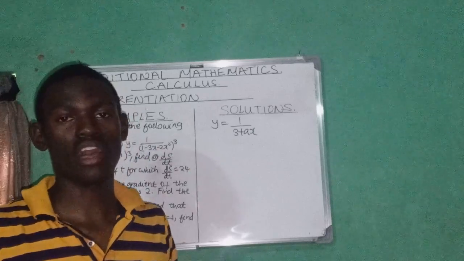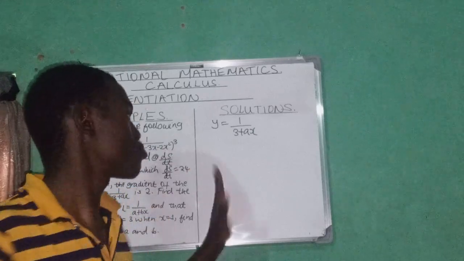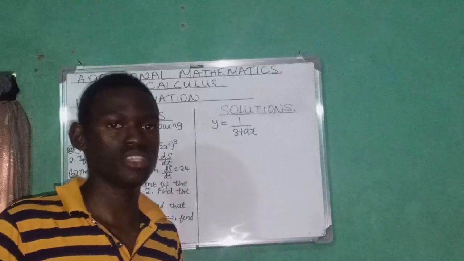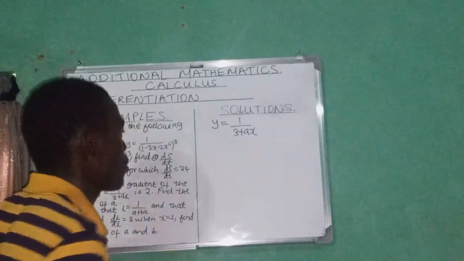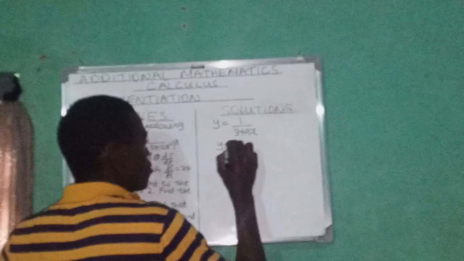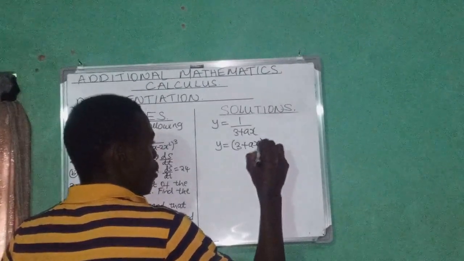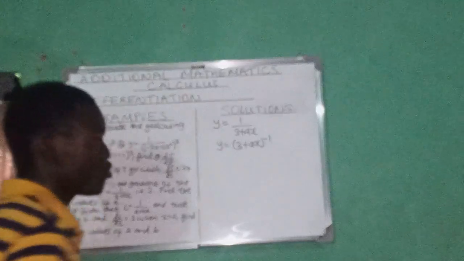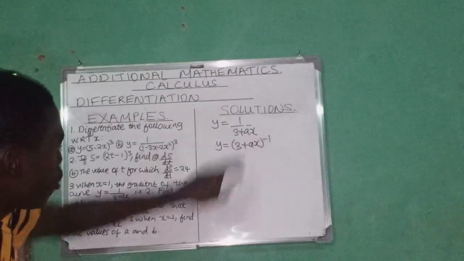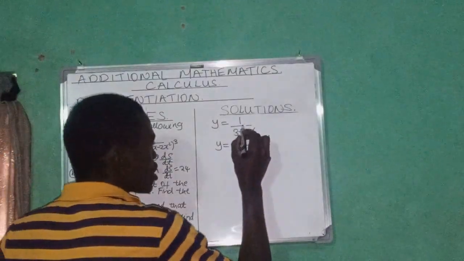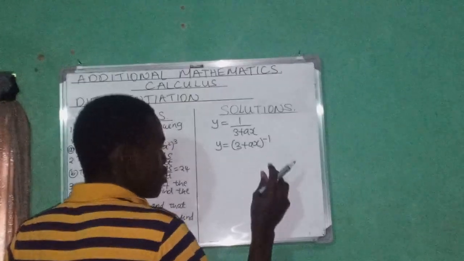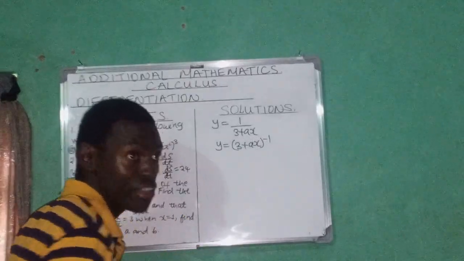When it goes up, the power will change, but it needs to go up because we differentiate in the linear form. y is equal to (3 plus ax) raised to the power negative 1. So it has gone up and become one expression, 3 plus ax, all of it raised to the power negative 1.